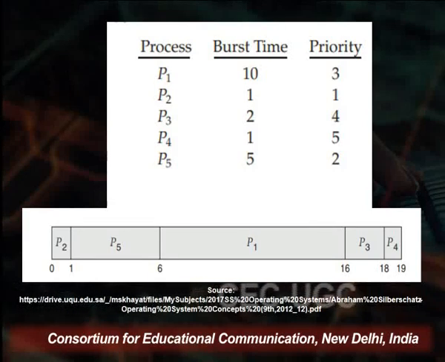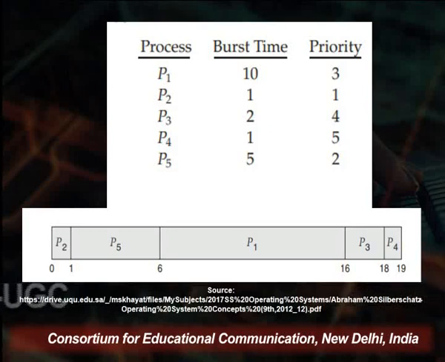The priority of P1 is 3, P2 is 1, P3 is 4, P4 is 5 and P5 is 2. Here we are taking a convention that lower the number, higher the priority.